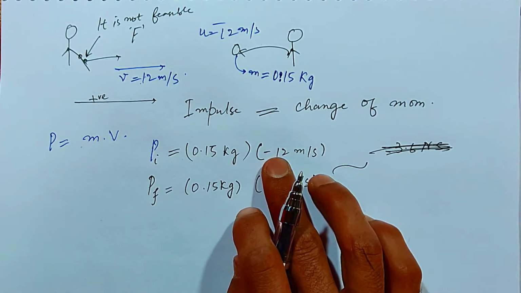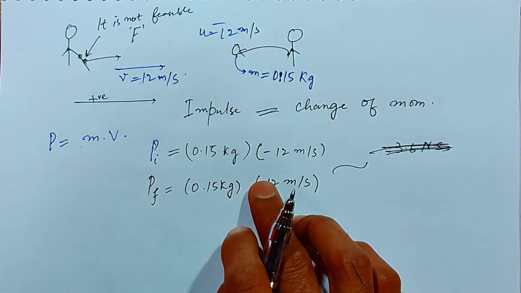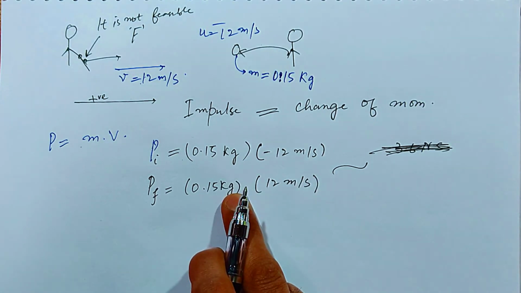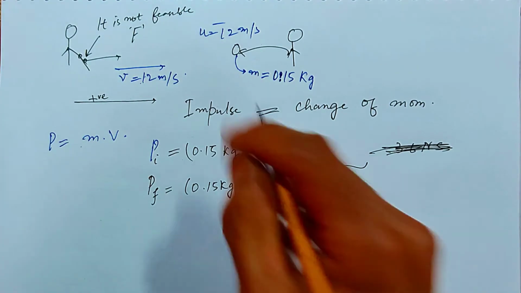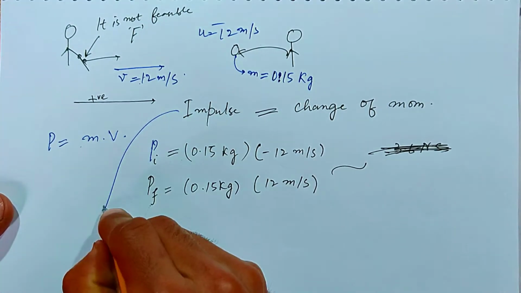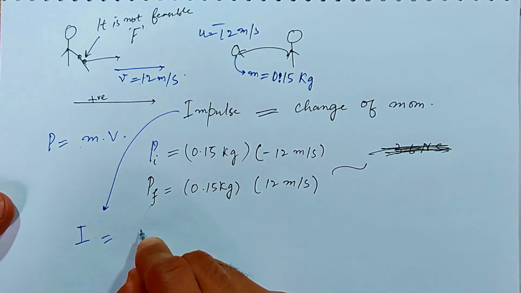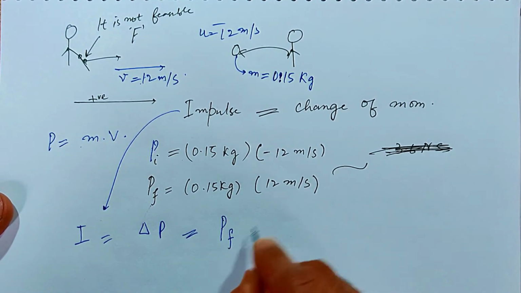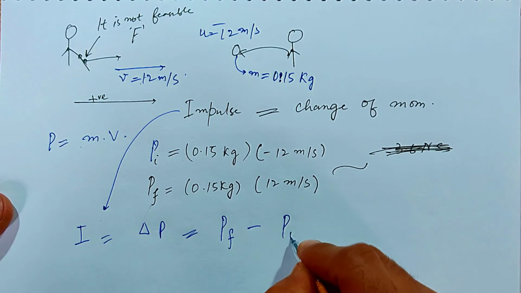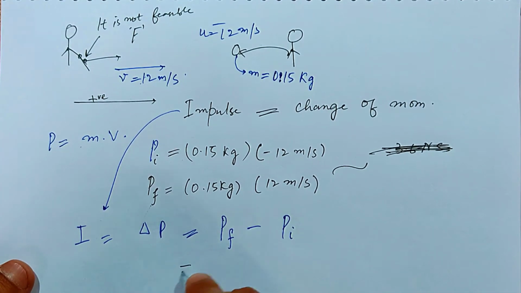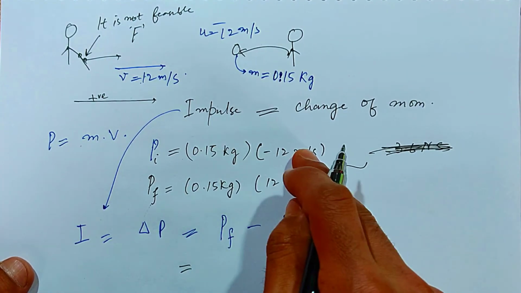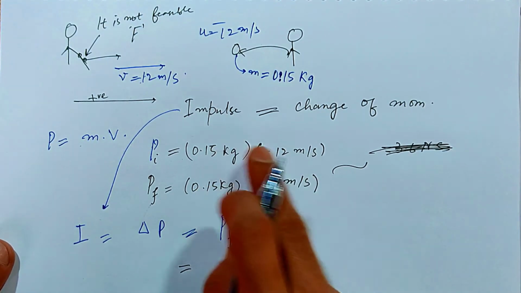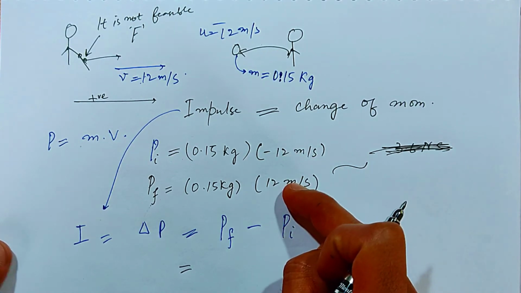So we'll get the initial momentum like this and the final momentum like this. Fine. So now, impulse is equal to the change in the momentum, and we know the change in the momentum is p final minus p initial. p final will be this much, and p initial will be this much, and this is minus, this is plus.